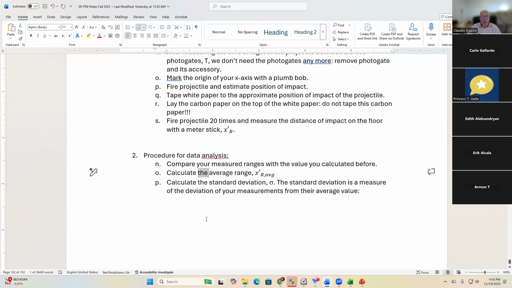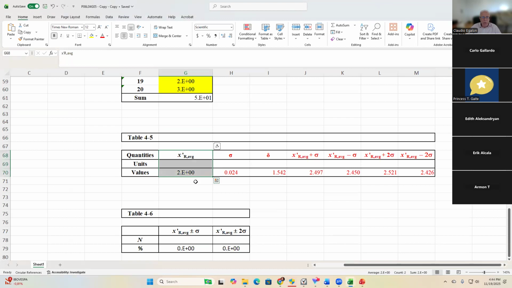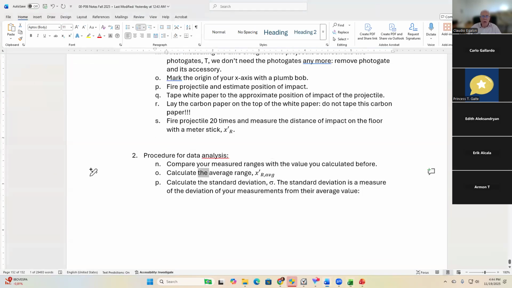Calculate the average range, like I said, is right in here. Calculate the standard deviation sigma of the average range. What's the equation for the standard deviation sigma?